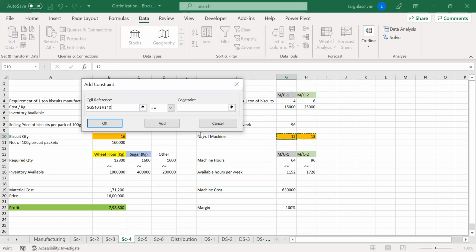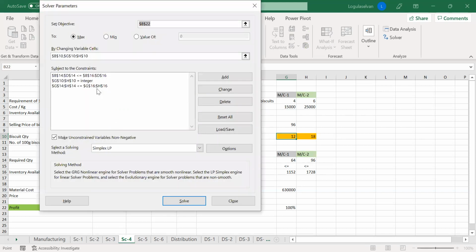Selecting that, I'm adding integer as a constraint. So we have added one more variable and one integer constraint. Apart from that, the constraints in scenario 3 remain the same. Only 2 things we have added to this problem. So simplex LP again, click solve.